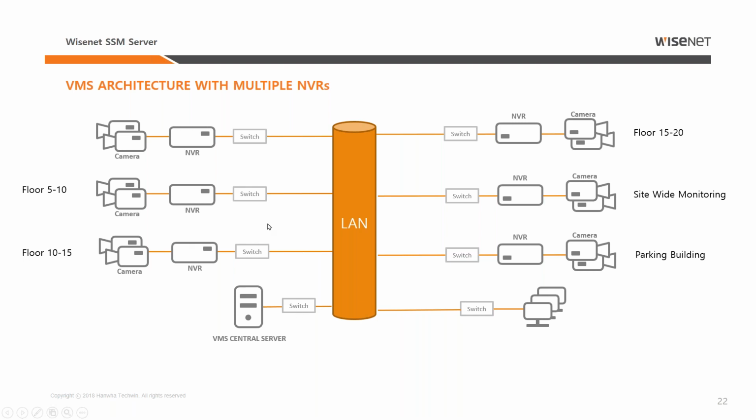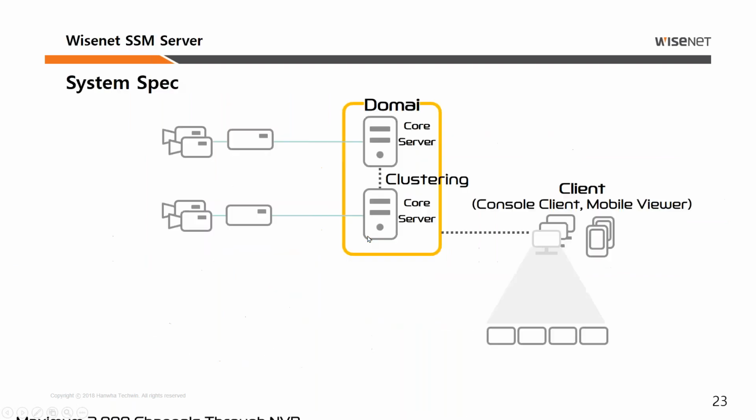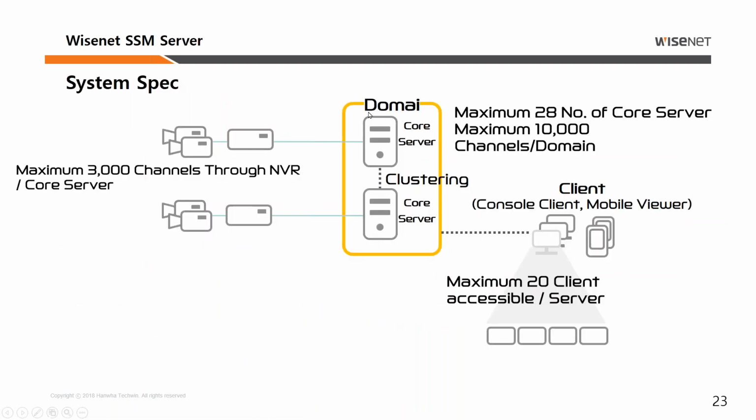You can have up to 20 clients per server. Each server can handle 3000 cameras through NVR. Very important, NVR is recording. That's why it's 3000. Maximum 10,000 per domain is recommended. What is a domain? Domain means a group of servers.